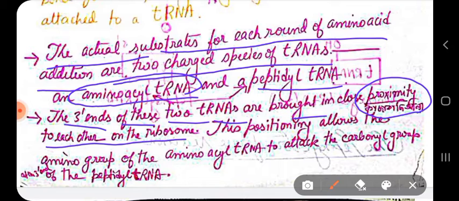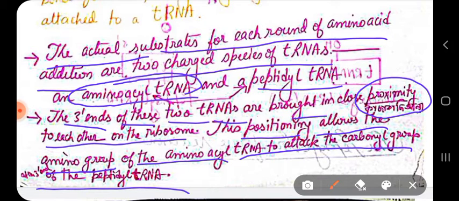Their 3' ends are brought close to each other, and this positioning allows the amino group of the amino acid tRNA to attack the carbonyl group of the peptidyl tRNA.